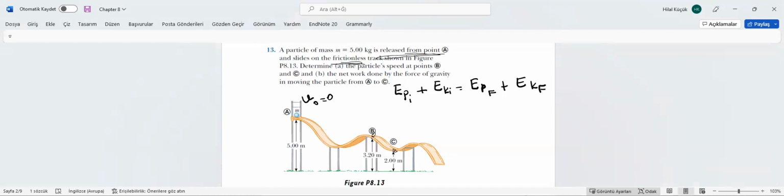Just look here. Velocity is 0, so I can say kinetic energy is 0. What's my potential energy? H is 5. You need to use mgh. What's my m? I will write the formula and then we can conclude it.